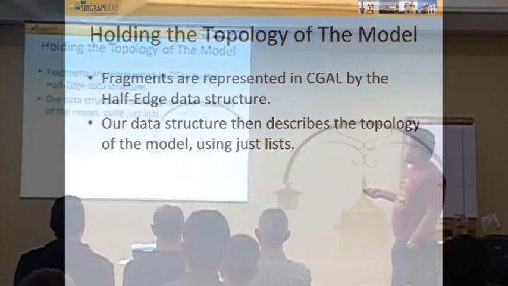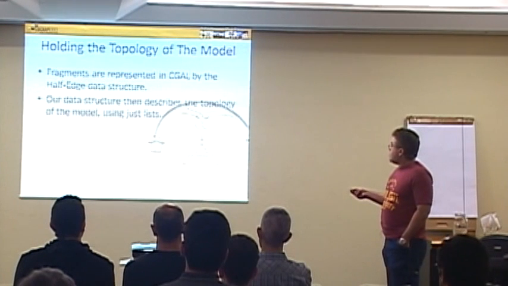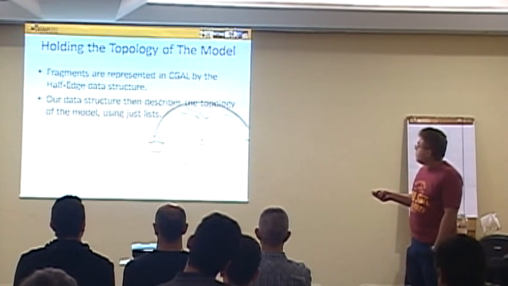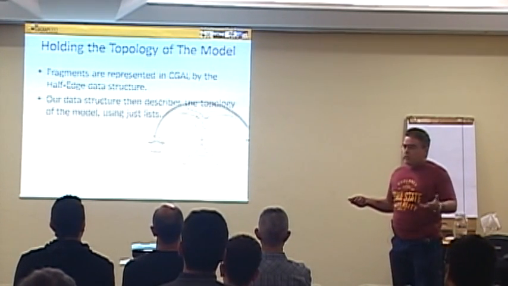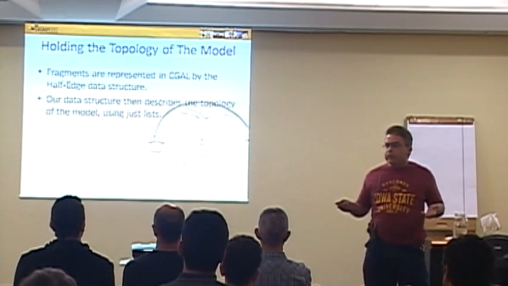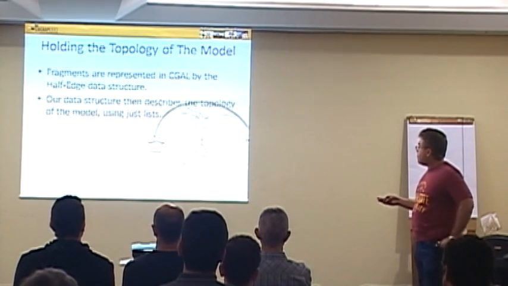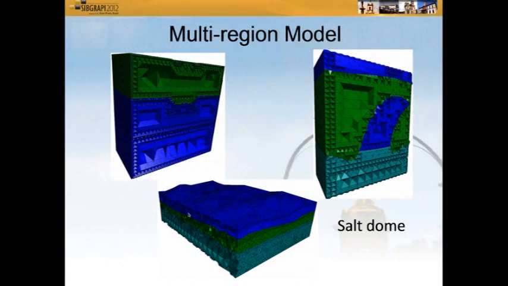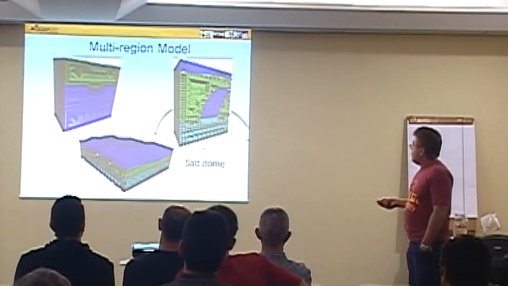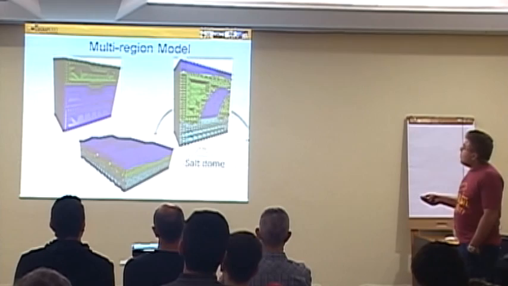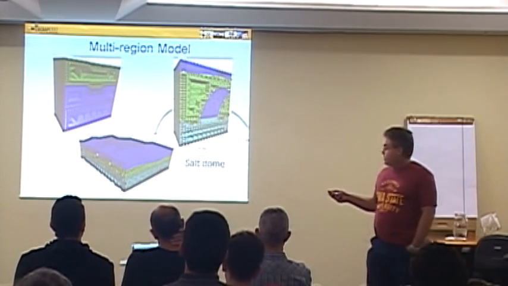Then we have another data structure to describe the topology of our model. In this case, we just need to use some lists available in the STL library. This is a typical multi-region model. We can see the dome of salt here, a big region here. And this is the type of model we would like to triangulate.